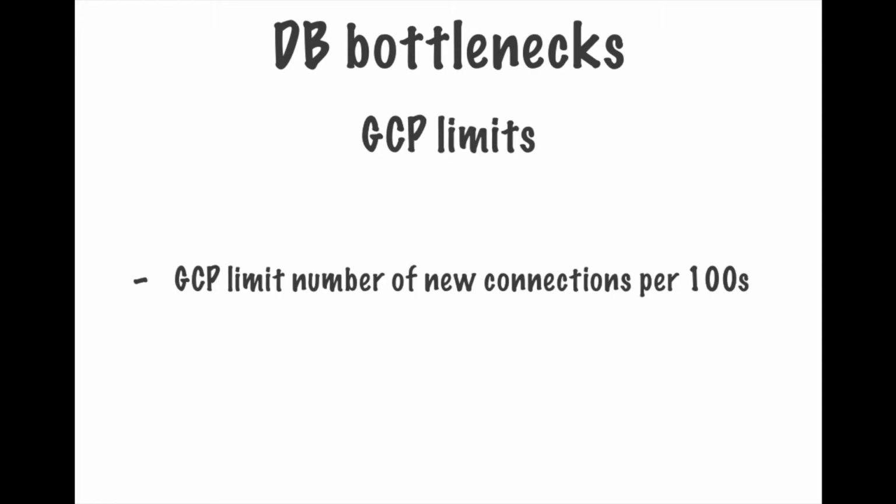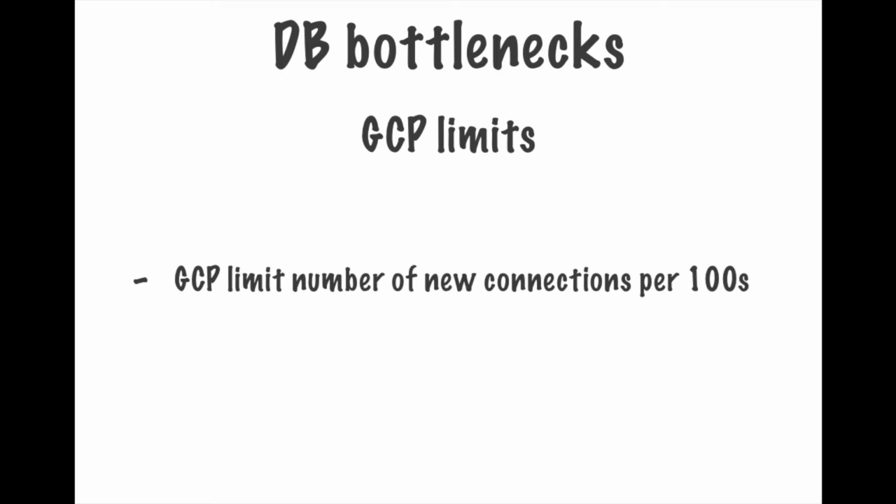And there was one more limit that we actually learned about in production: GCP has its own database limit. This is the default, on how many new connections to all databases in your GCP project can be created per 100 seconds. We didn't know about it, and during one of our load tests we hit this limit, and I think our production for a few seconds was not able to create new connections.